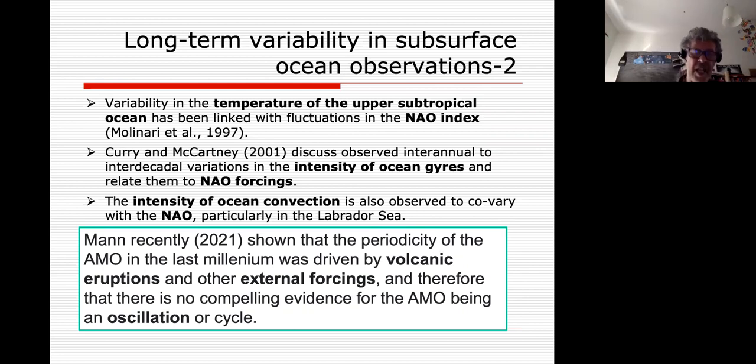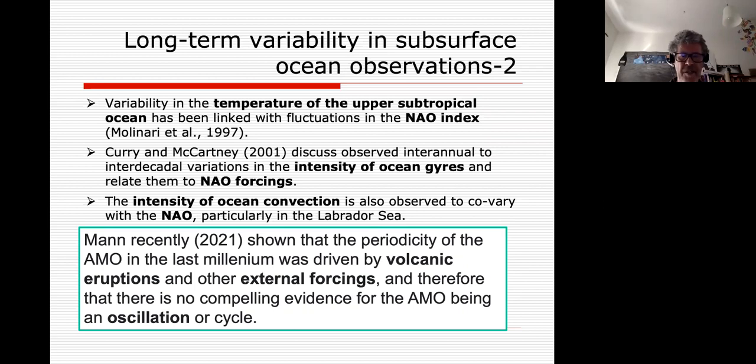So the change in atmosphere depends on other external forcing that is mediated by the atmosphere and conveyed in the AMO. So as we talk about oscillation, it's not a cycle, it's a response to an external forcing. This is more or less what I also told you at the beginning. So we don't have an oscillator, we have oscillation.